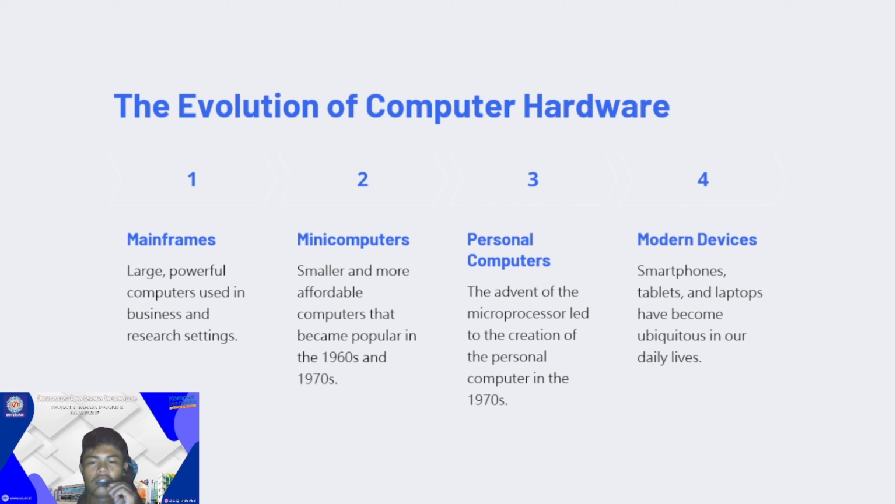Then there are personal computers. Personal computers are computers designed to be used by one person at a time. The advent of the microprocessor led to the creation of the personal computer in the 1970s.